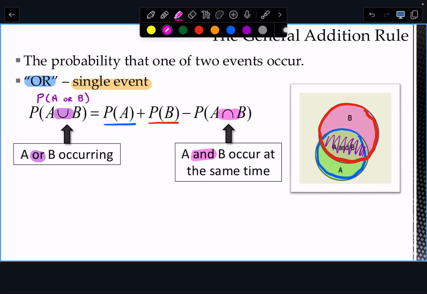If they were disjoint to begin with, I can just add the probability straight up, and I'm done. So the other thing you might want to make a note of here, this probability is 0 if the events are disjoint.